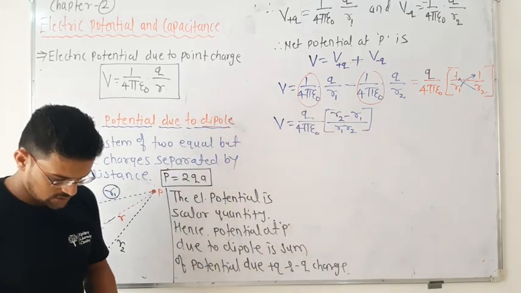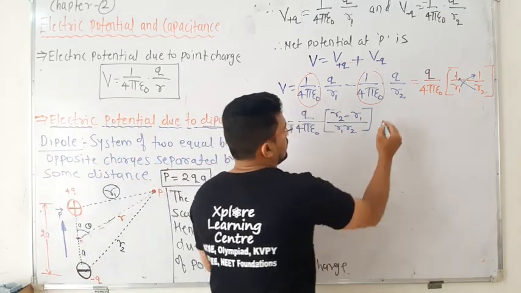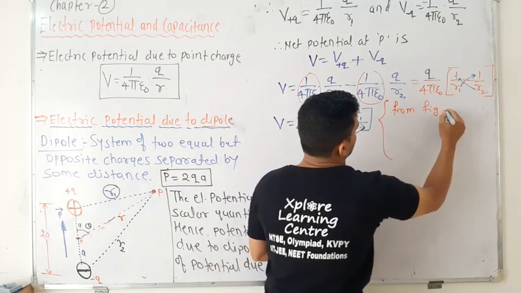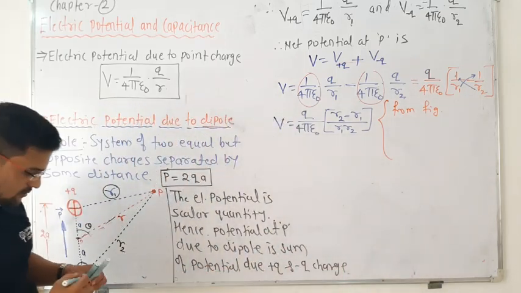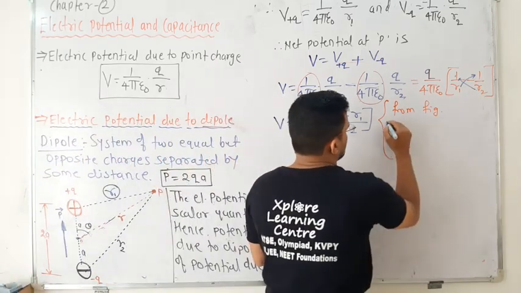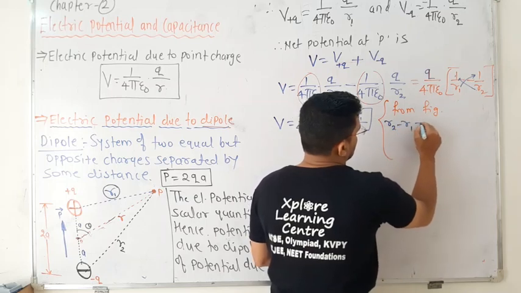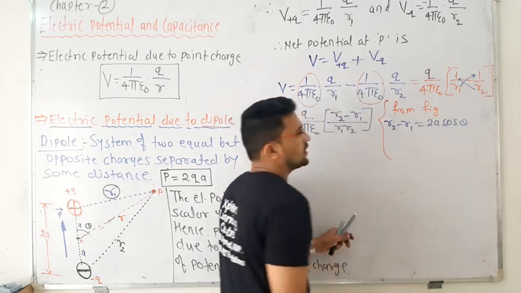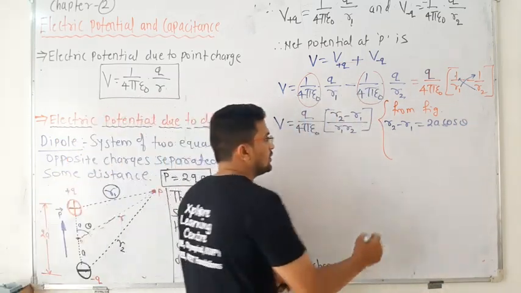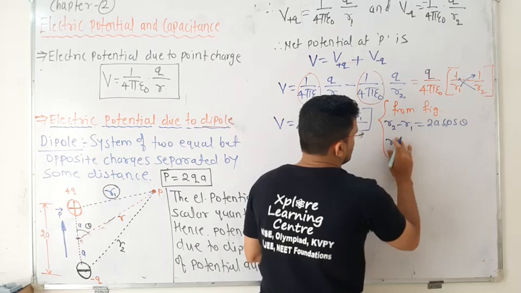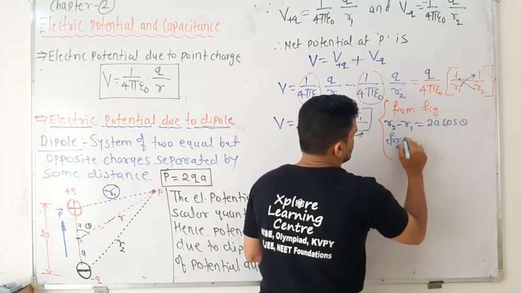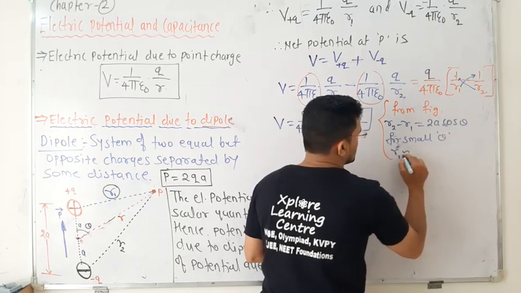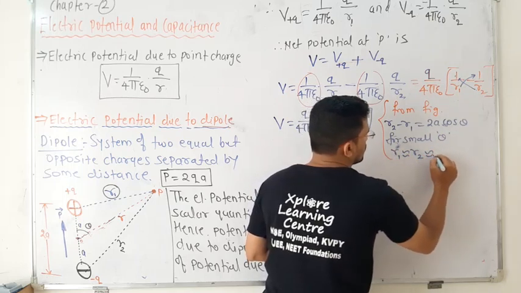There is a little geometry here, so from the diagram you can write r2 minus r1 is nothing but 2a cos theta. And of course, for small theta angle, r1 is nearly equal to r2 and both are equal to r.